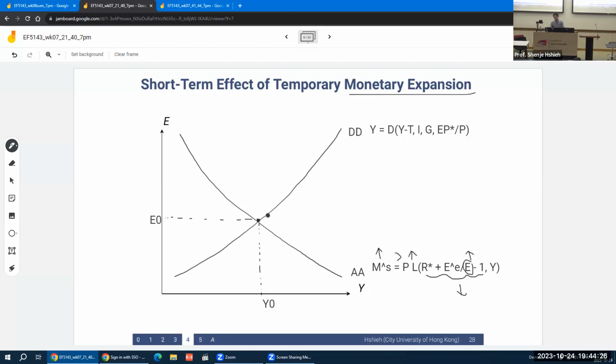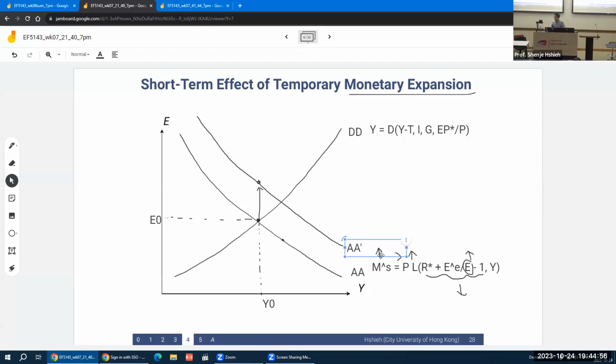So every point on the AA schedule should shift up, because I fixed Y arbitrarily, and for every Y, if I have a higher MS, E has to be at a higher level in order to restore equilibrium in the financial markets. So let's draw a higher line here.